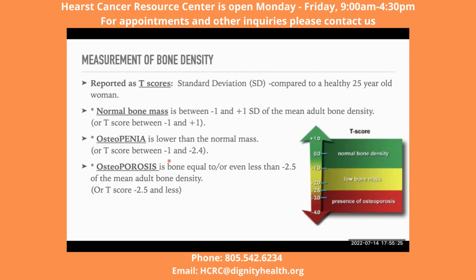So basically, a score between -1 and +1 is considered normal bone, and a T-score between -1 and -2.5 would be osteopenia or decreased bone density. And a T-score that's even less than -2.5, -3, -4, those are osteoporotic patients. Generally, the more negative the T-score is, the lower the bone density and the higher the fracture risk.